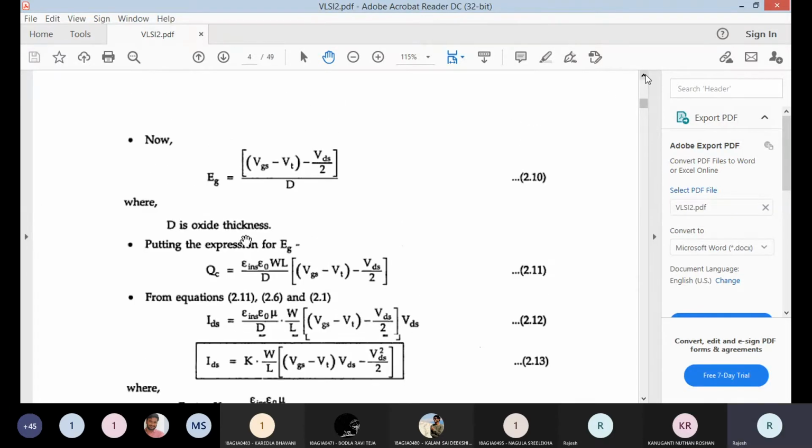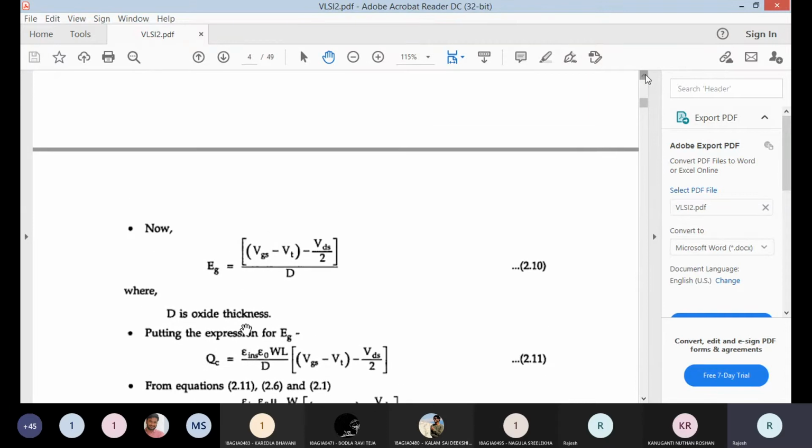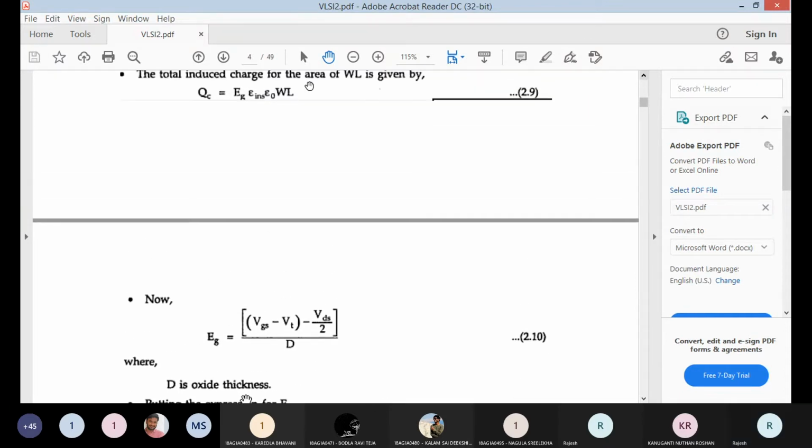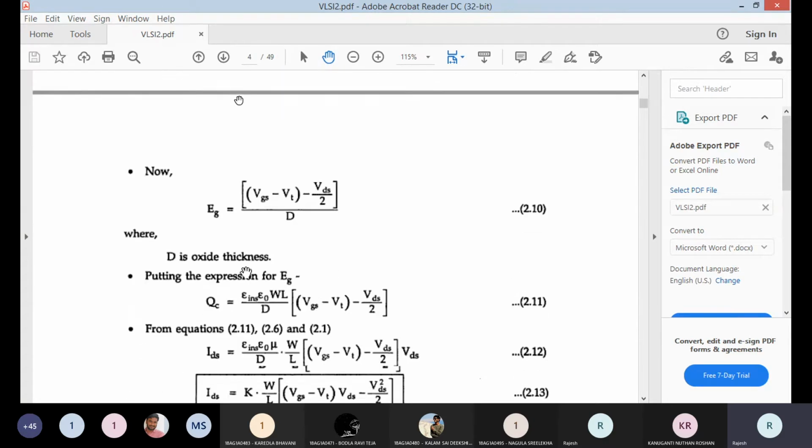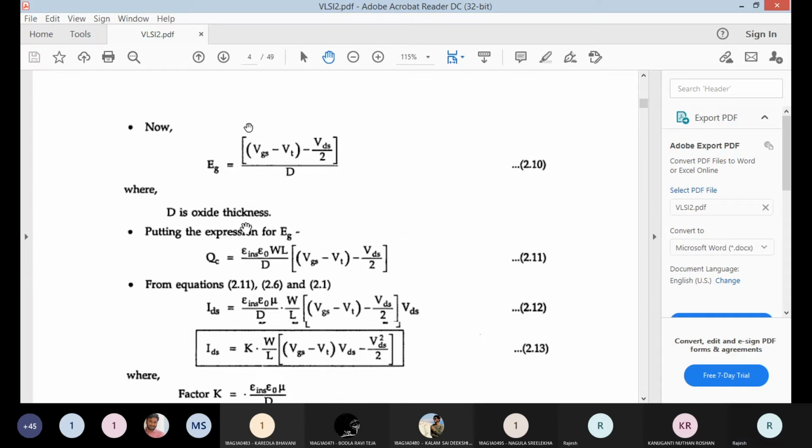What is EG? So what is QC? QC is EG epsilon insulator epsilon naught WL. Just substitute this EG in the above equation QC. So you are going to get one more equation. Constant parameters are taken to the one side: epsilon insulator epsilon naught WL by capital D into this remaining term.